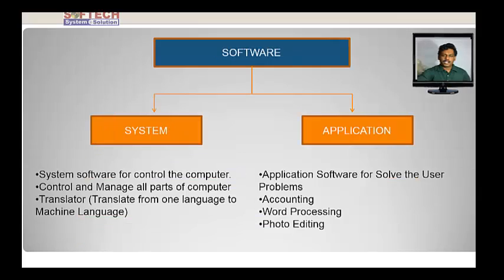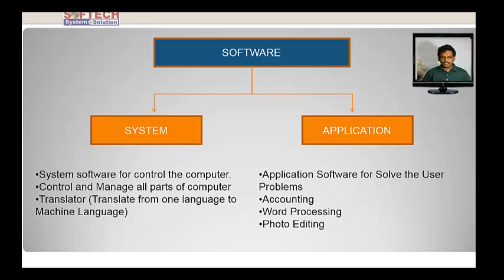So software also consists of two types. One is system software, the second one is application software. System software is for controlling the computer, that is, it controls and manages all parts of the computer. It also provides the logical connection to all parts of the computer. So system software controls the computer system. By using this system software, all parts of the computer are controlled, managed and linked.